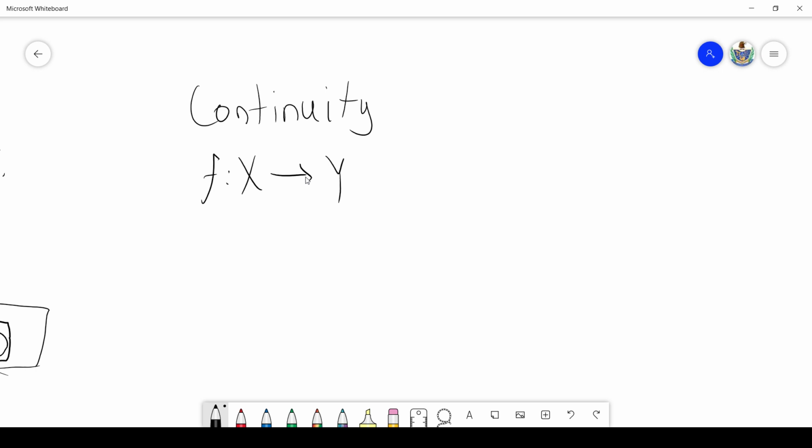What it means is that if we have an open set V in Y, then the inverse image of V, which is the set of all points in X which are mapped to V, is what we look at. F inverse may not be a defined function, but we can still look at this as a set. This is a notation which is just the set of x such that f of x is in V.